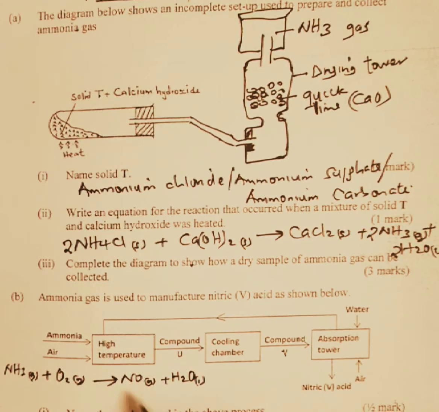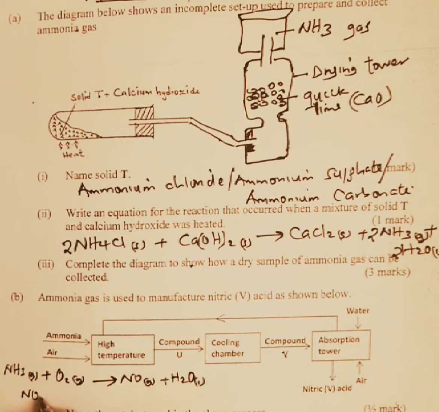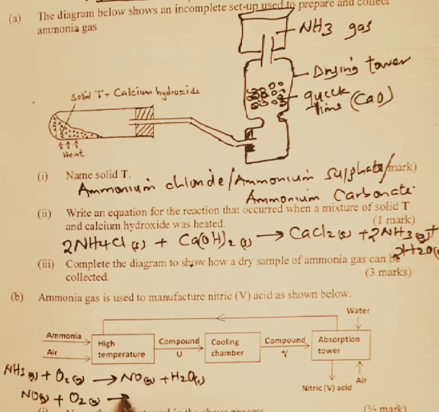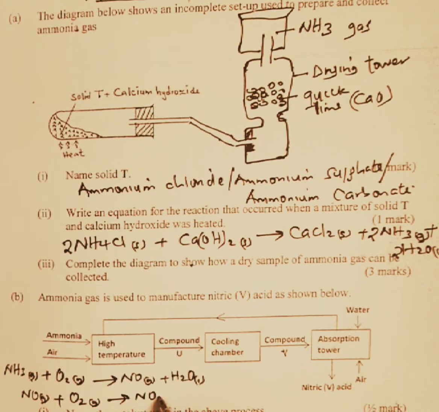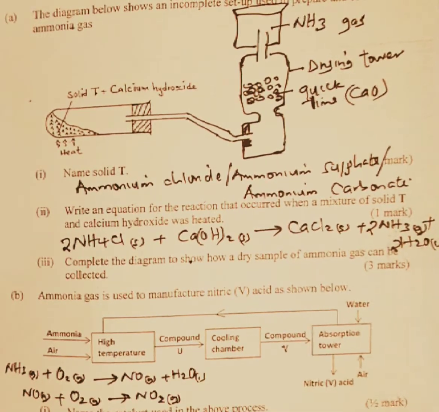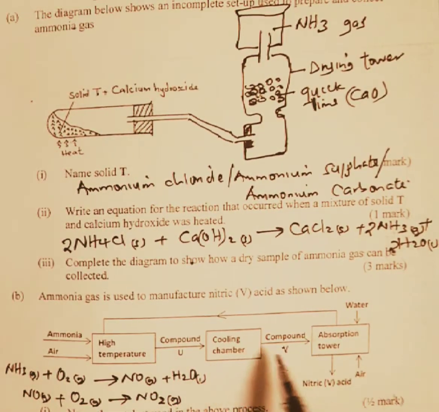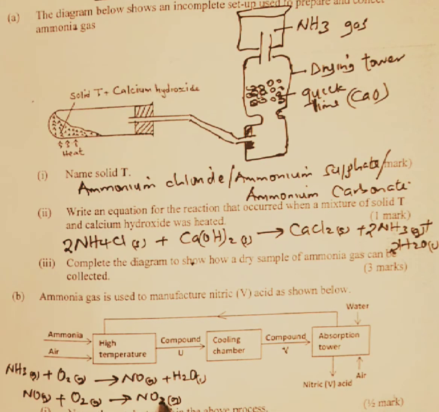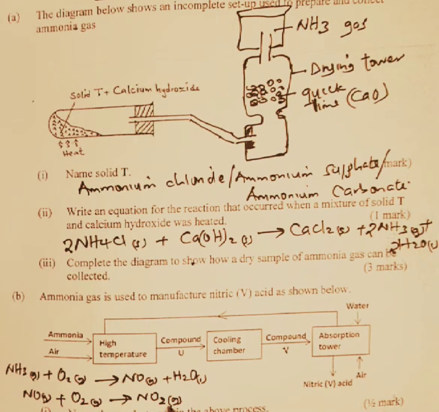The nitrogen(II) oxide gas is oxidized further by air to produce nitrogen(IV) oxide, which is compound V. Then, of course, nitrogen(IV) oxide is dissolved in water to form a mixture of two acids.